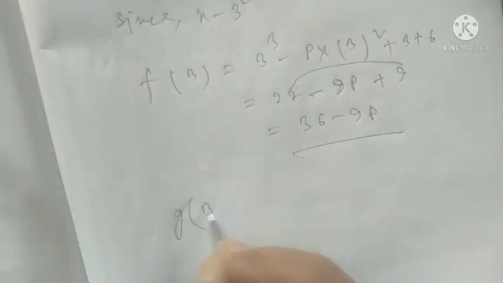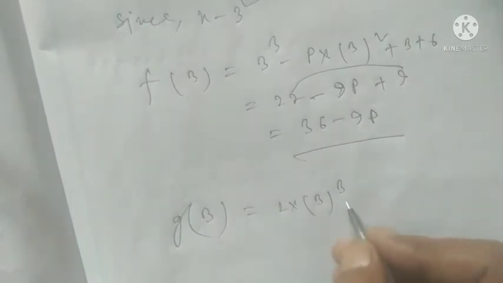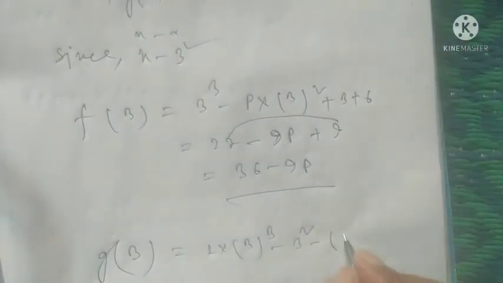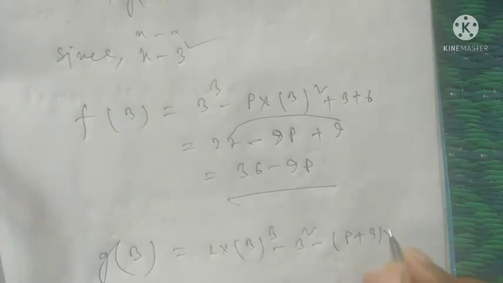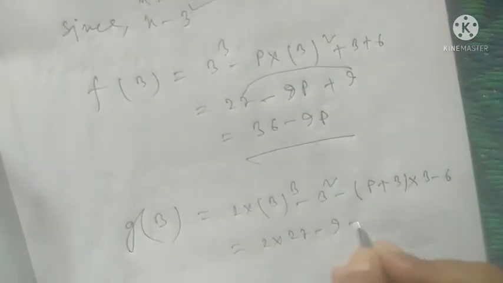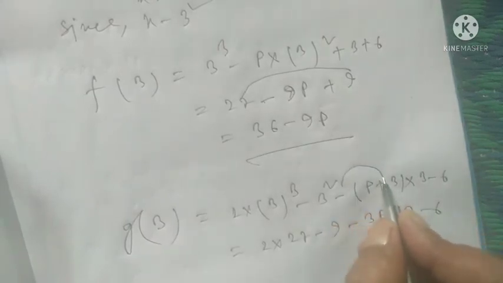And the second function is g of x, that means g of 3. So it will be 2 into 3 cube minus 3 square minus (p plus 3) into 3 minus 6. If you multiply, 2 into 27 minus 9 minus 3p minus 9 minus 6, minus times plus is minus.